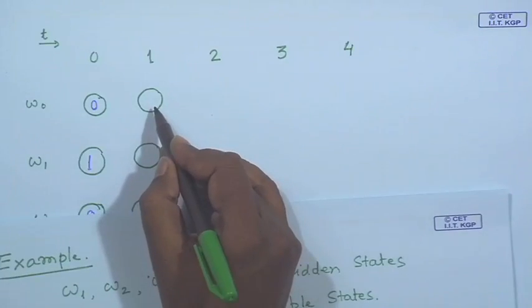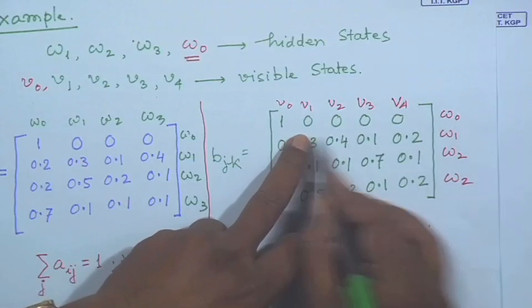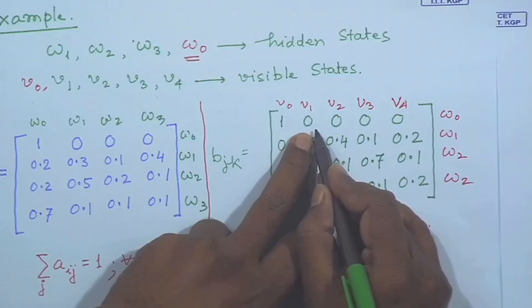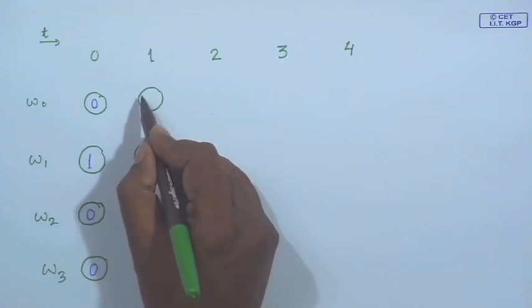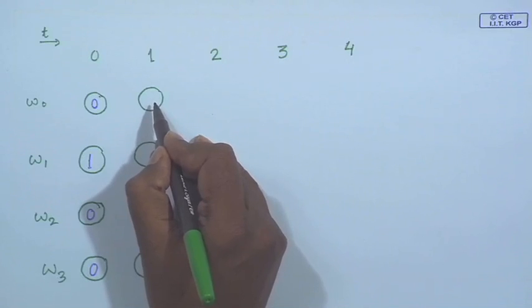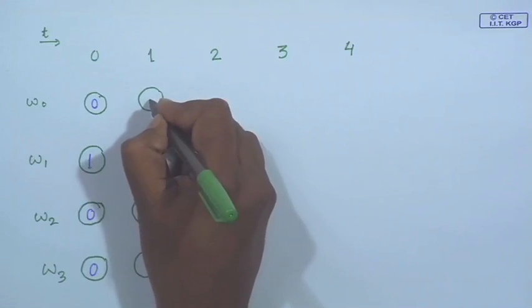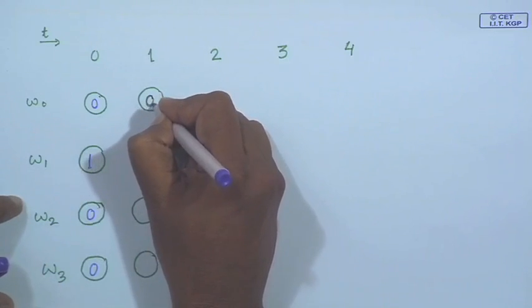This is my hidden state omega 0, and the probability of emission of V1 in state omega 0 is equal to 0. So, whatever path I choose, the existence of this state at time step t equal to 1 has probability equal to 0.